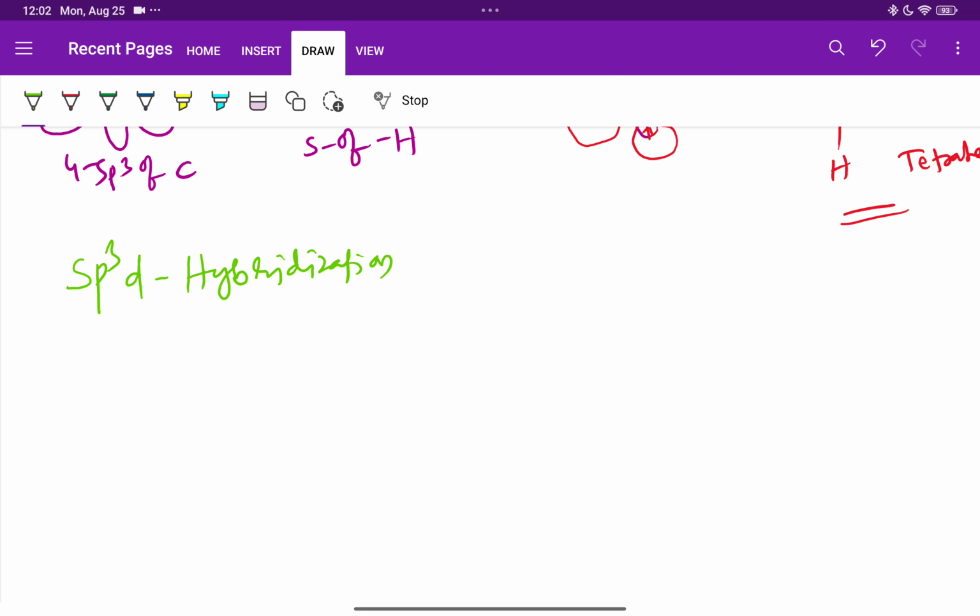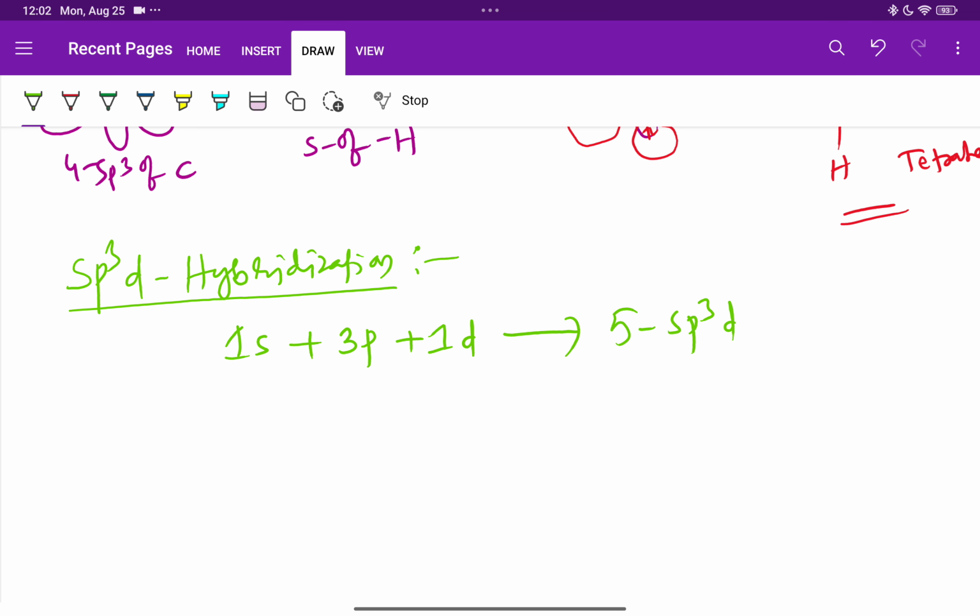Very simple, children, same as sp, sp2, sp3. Intermixing of 1s plus 3p plus 1d orbitals will produce the same number, 5, of sp3d hybrid orbitals.